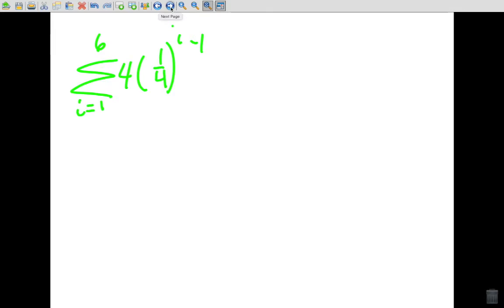So here's another summation notation asking us to find the sum of the first 6 terms in the geometric series where the terms are calculated 4 times 1/4 to the i minus 1.